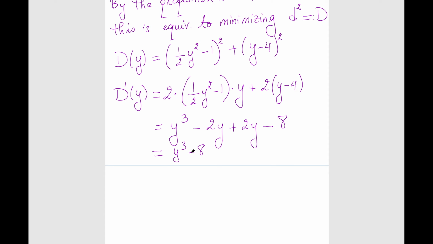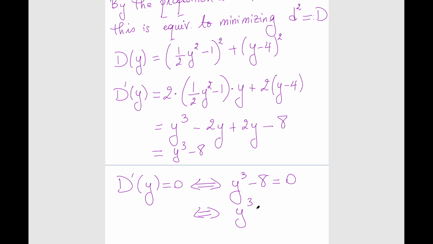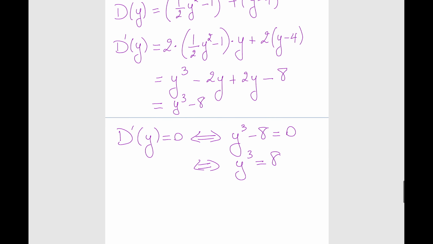And D prime is going to vanish when what? When y is 2, right? So D prime of y is 0 if and only if y is 2, because y cubed is 8 if and only if y is 2. Make sense?